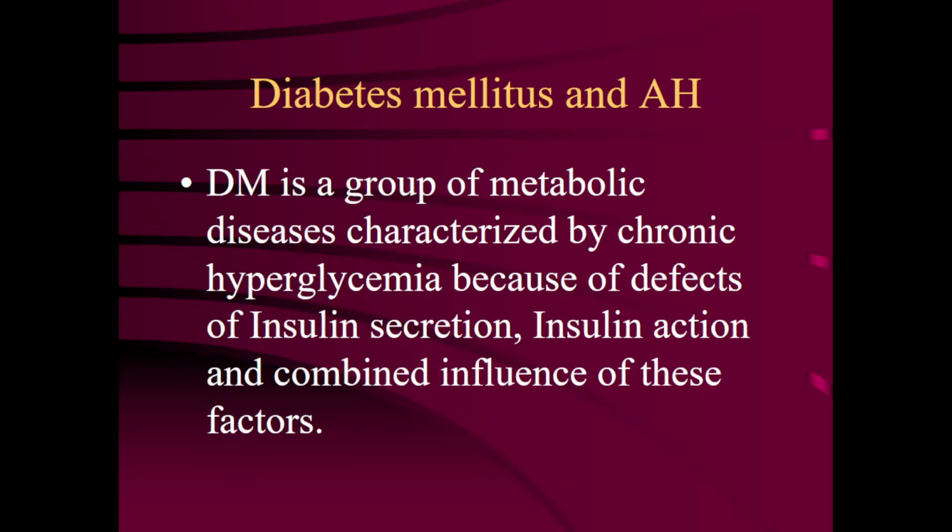Absolute insulin deficiency occurs because of autoimmune insulitis, provoked by viral infection and caused by hereditary, genetic factors. Absolute insulin deficiency is characteristic for the first type of diabetes mellitus.